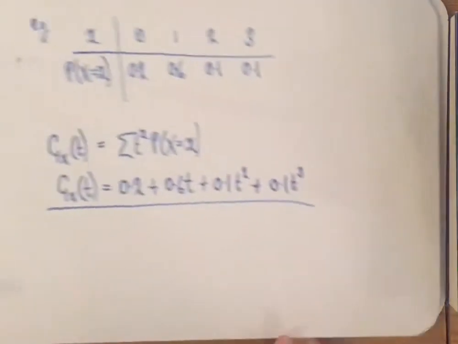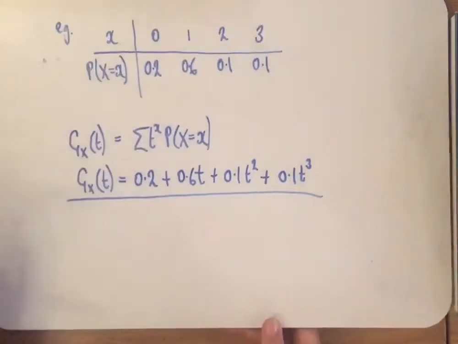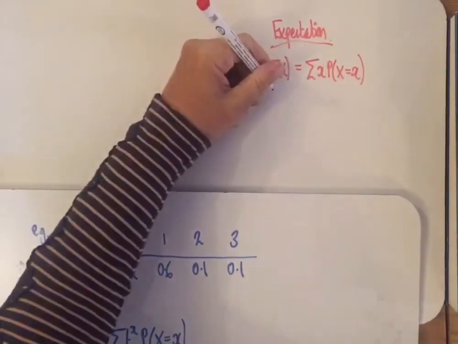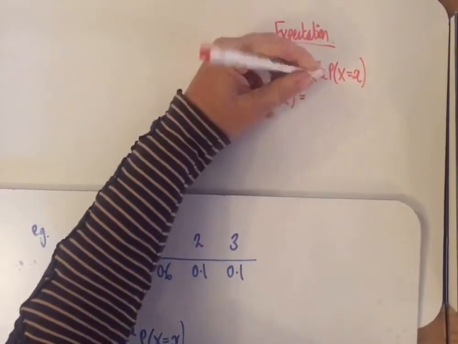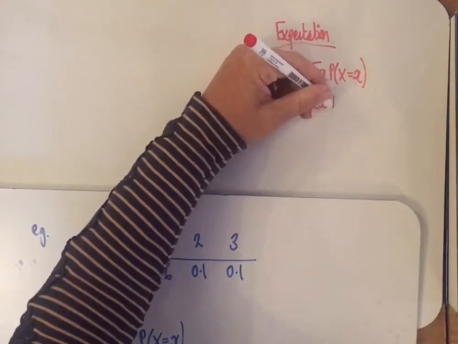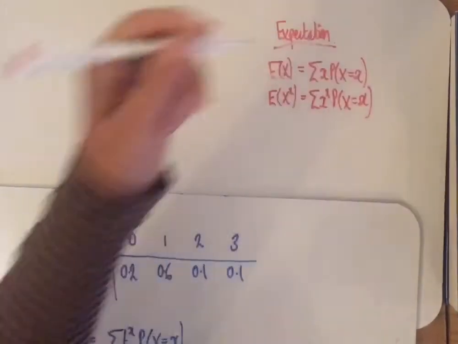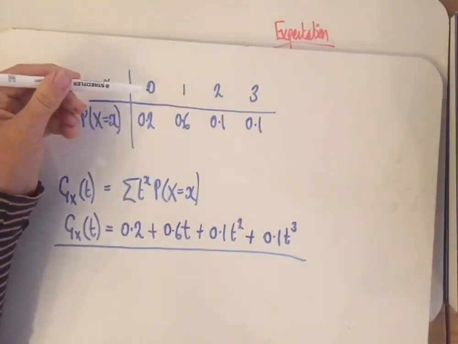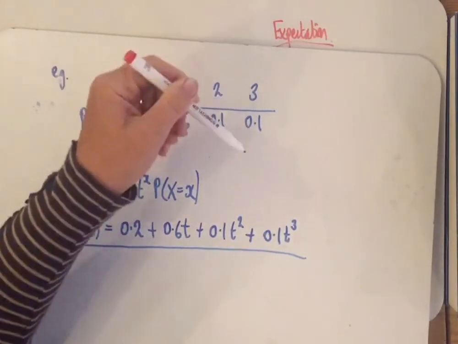Going back to the table, you would just do times, add, times, add, times, add, times. If you wanted to find the expectation of X squared, you would do the sum of x squared times the probability that X equals x. So you square your x times by the probability, square your x times by the probability, and so on.